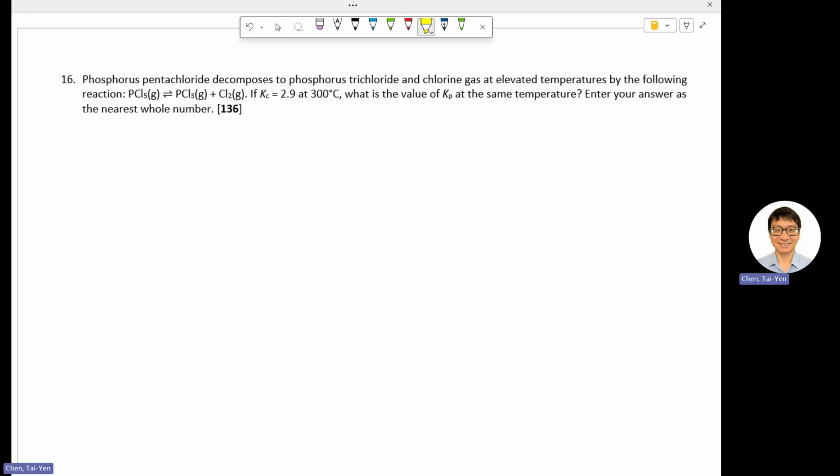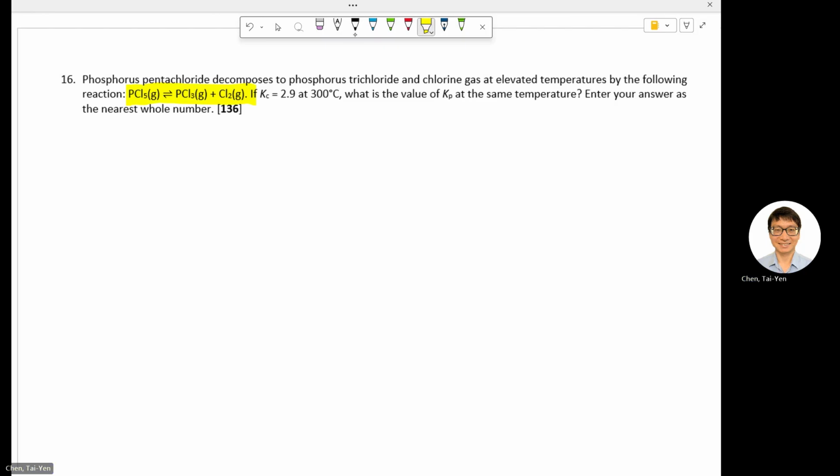So these are reactions. If the Kc is 2.9 at 300 K, what's the value of Kp at the same temperature? So this is a very standard Kc, Kp conversion, because it gives you one equation, and it tells you the Kc and asks for the Kp.